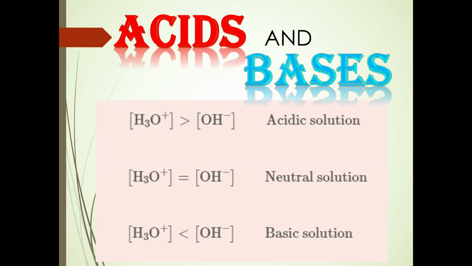In a base, we want to know that we have more OH minus than we have H plus. Pure water is considered to be neutral. The H3O plus equals the OH minus. But the addition of an acid increases the H3O plus. The addition of a base increases the OH minus.